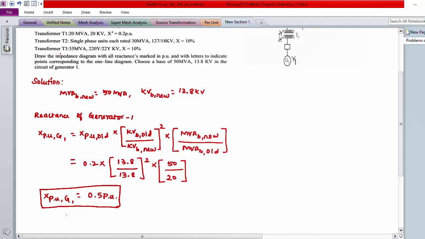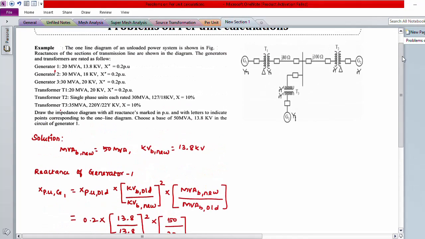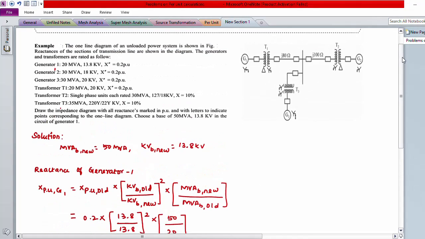Similarly, we have to calculate the per unit reactance for the transformer. So in this diagram, we have the components: generator 1, transformer 1, transmission line 1, transmission line 2, transformer 2, generator 2, transformer 3 and generator 3.